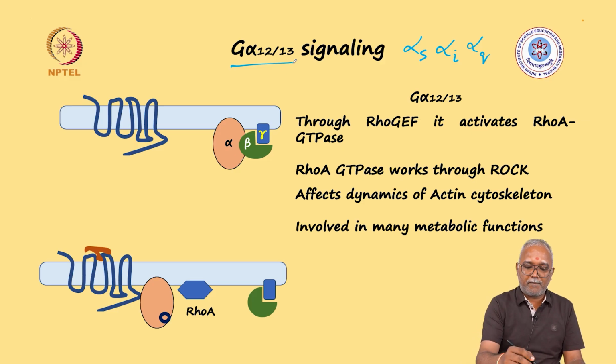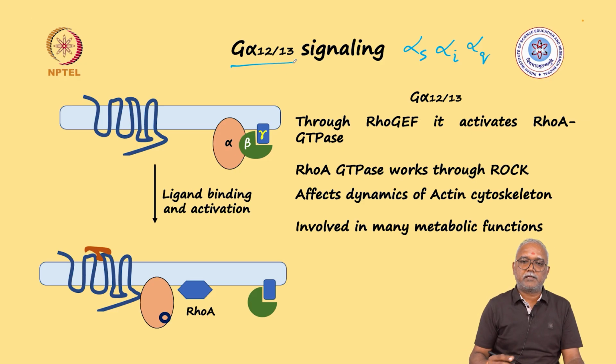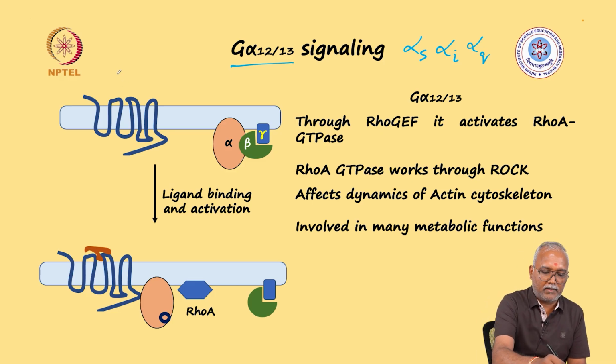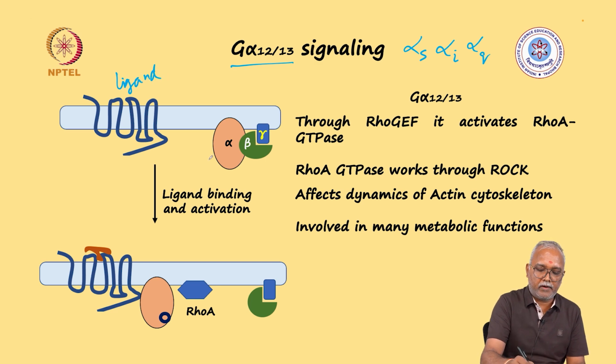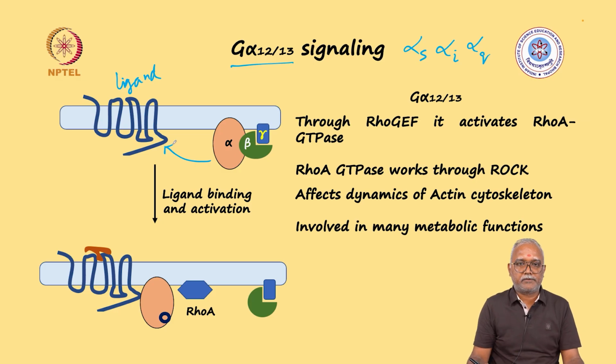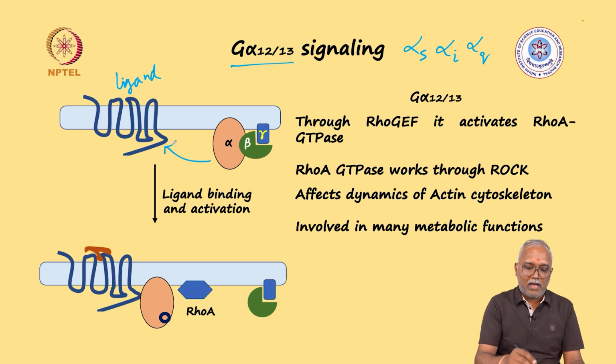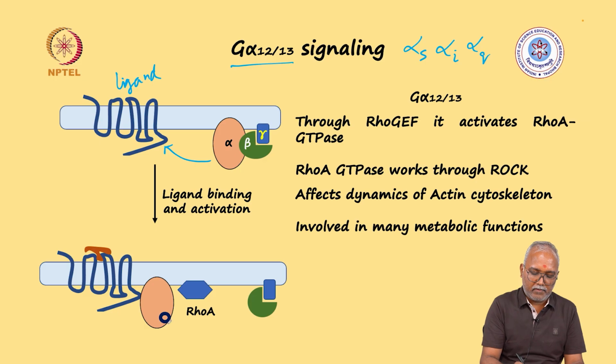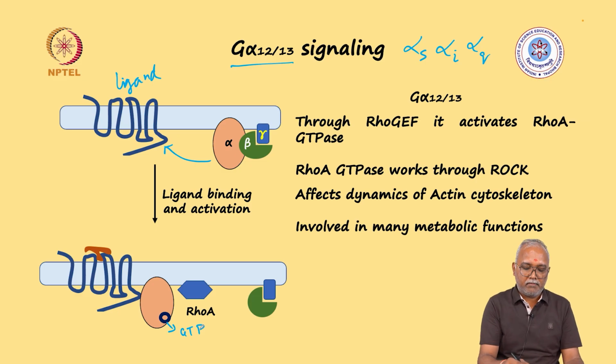So as we have been noticing, signaling starts downstream of the GPCR by binding of the ligand here, bringing the G alpha beta gamma heterotrimeric complex in the vicinity of the receptor, activation of the G alpha by exchange of GDP with GTP, and then activating the next molecule in the line.